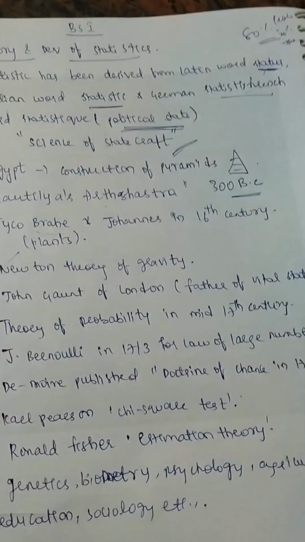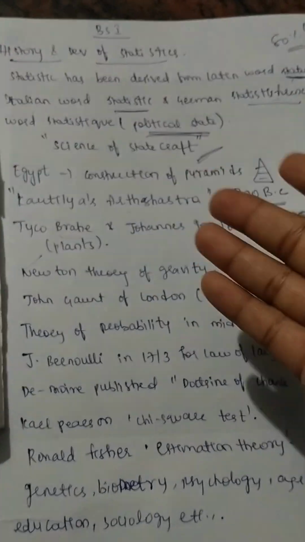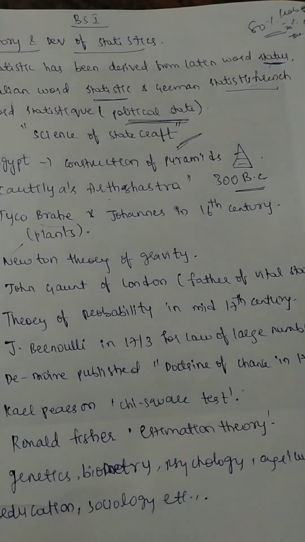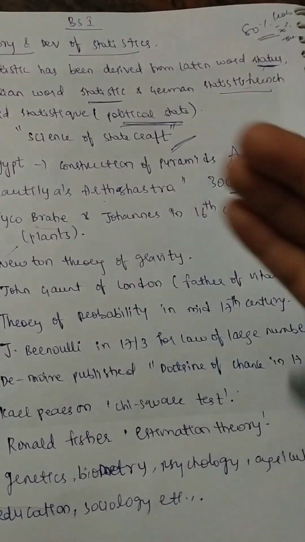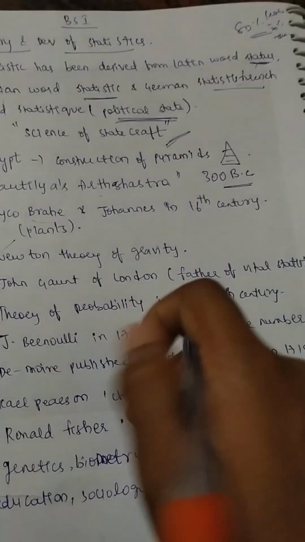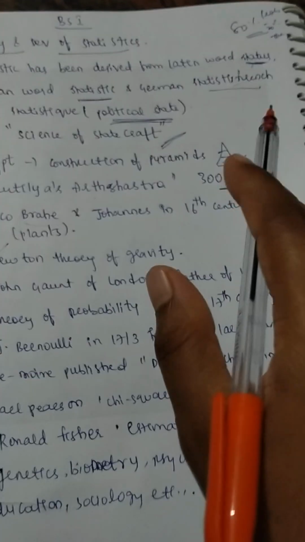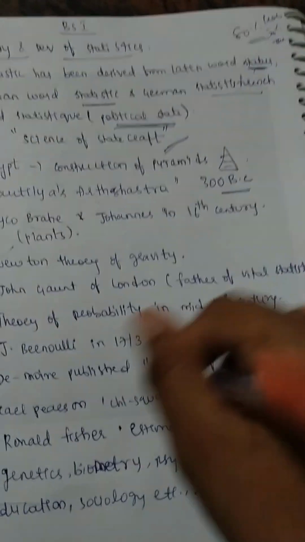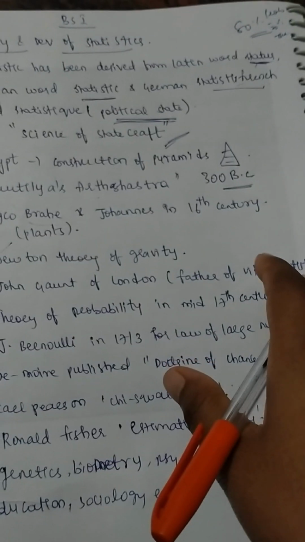There are many historical evidences, like the Egyptians and Kautilya's Arthashastra, where statistics was found in 300 BC. Most data collection activity was done in medieval times.